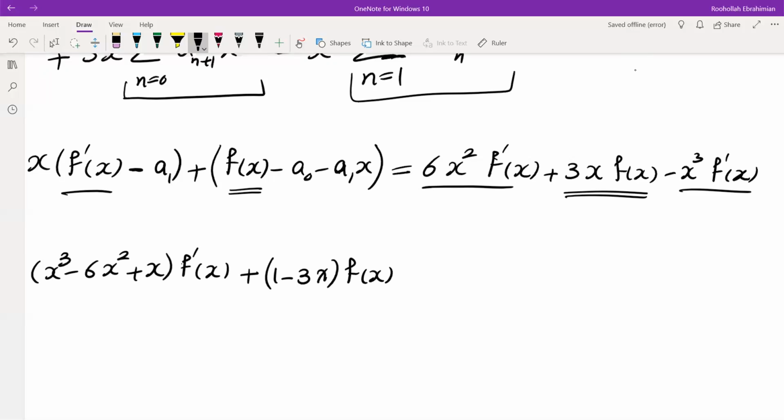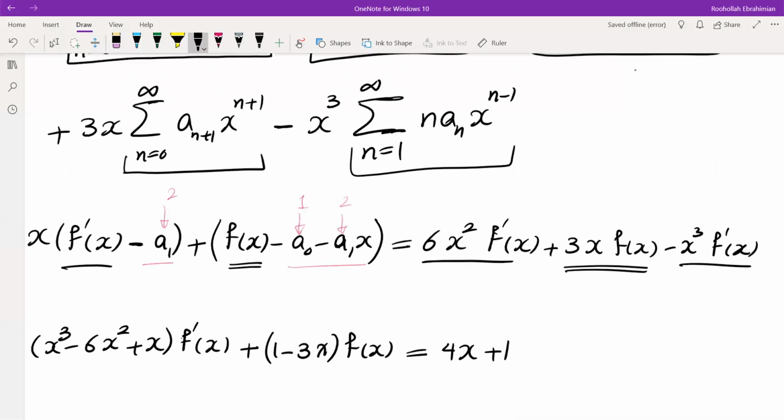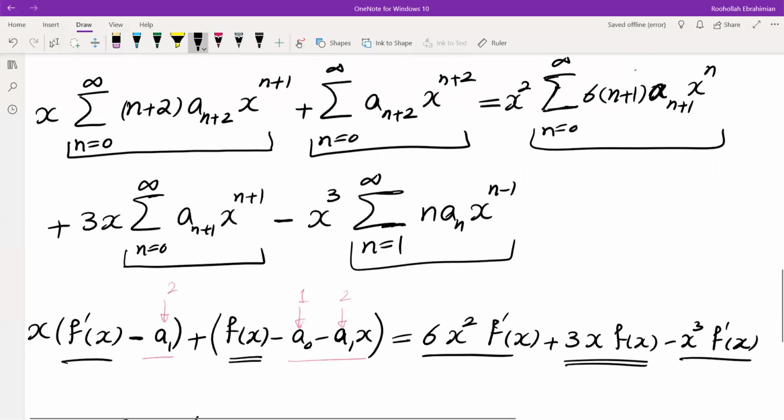And then I have the terms without any f of x. These are the three terms without any f of x. a1 was 2, a0 was 1, and this is 2. So we'll get negative 2x from the first term, negative 2x here, 4x, and that's 1. So that's equal to 4x plus 1. Okay, so let me just make sure.